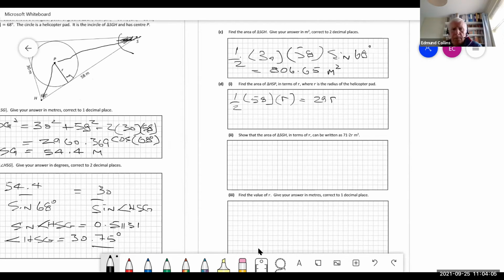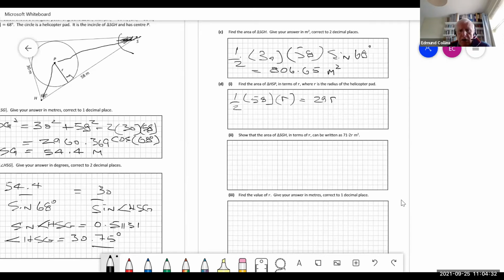So that's as far as I'm going to go with this, because I think I've shown how we can use the sine and cosine rule and the two formulas for the area of triangles to help solve that problem. I would suggest you keep working through this. It's actually quite easy.